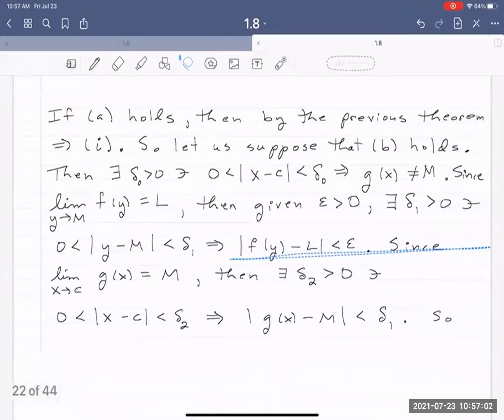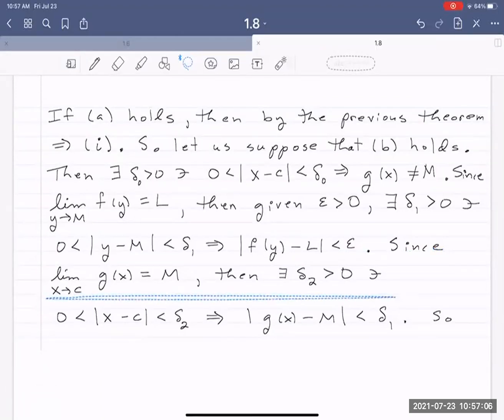Since the limit as x approaches c of g of x equals m, then there exists a delta 2 greater than 0 such that x minus c in absolute value between 0 and delta 2 implies that g of x minus m in absolute value is less than, let's say, delta 1.